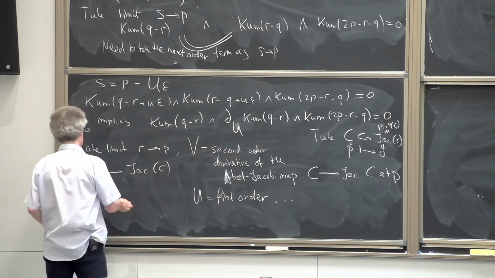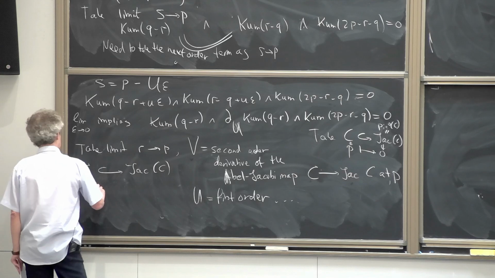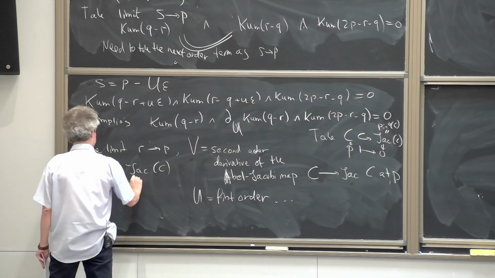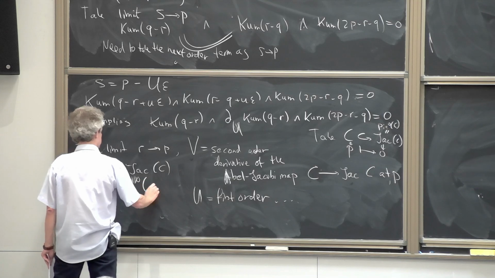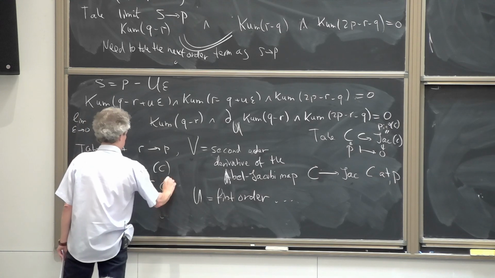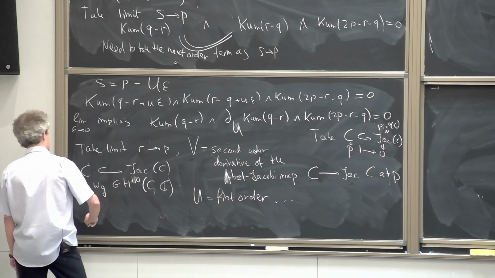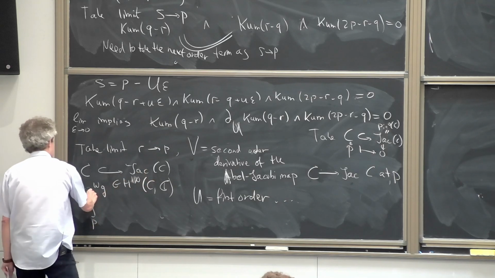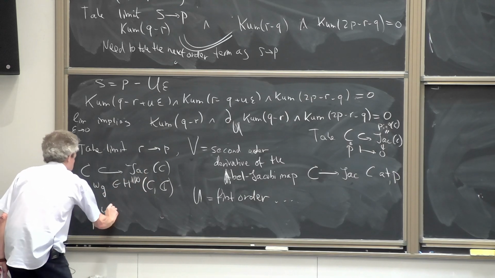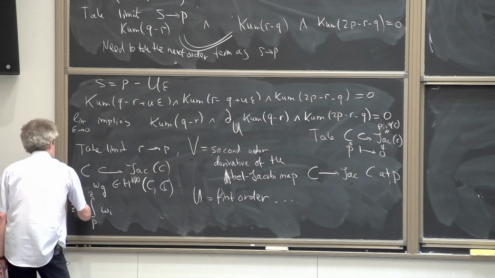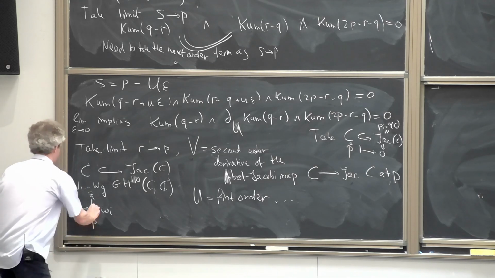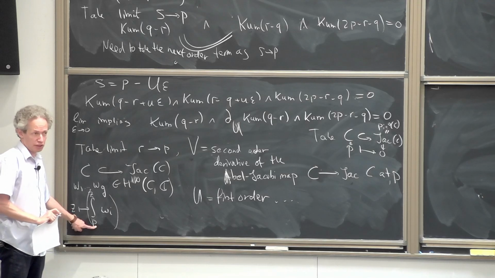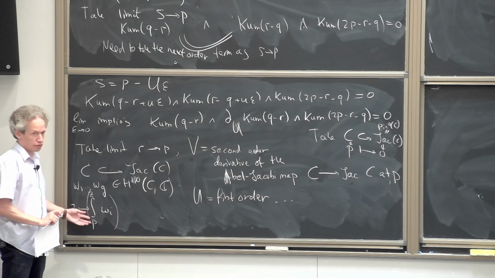There is a much more explicit way. So I can choose omega 1 through omega g to be a normalized basis of holomorphic differentials. And then what this map does is it just takes an integral from the point P to a point Z of omega i, right? So Z maps to this point, right? Because I've started my Abel-Jacobi map at P, so it means P goes to 0. So that's the map.